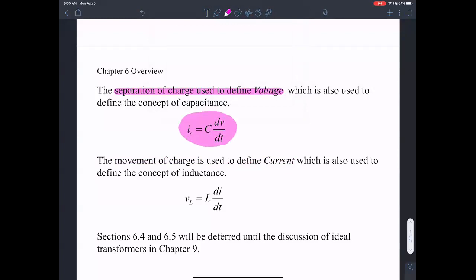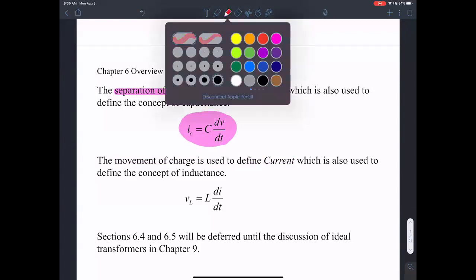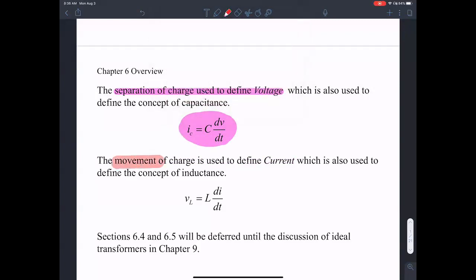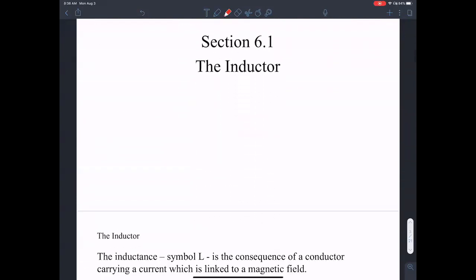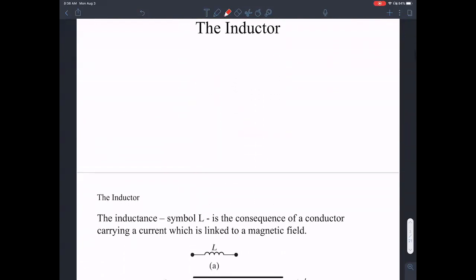Also, we saw earlier that movement of charges leads to current, and that concept also underlies the idea of inductance. We'll talk about this shortly. Now, let's start with the inductor.